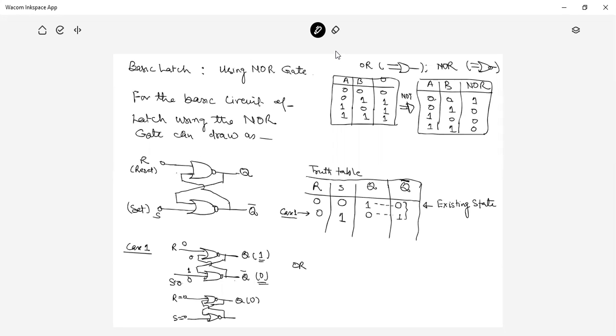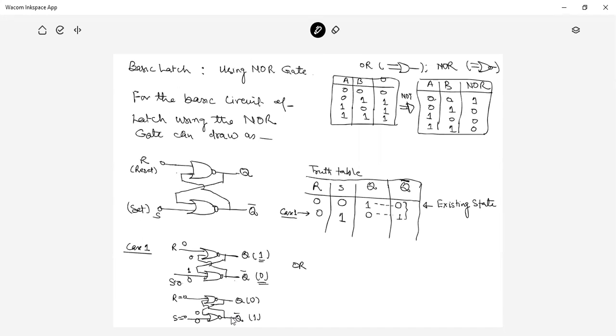If Q is 0, then here it is 0. So S is 0 and Q is 0, both inputs are 0, then the output will be 1, and that is Q bar as well.